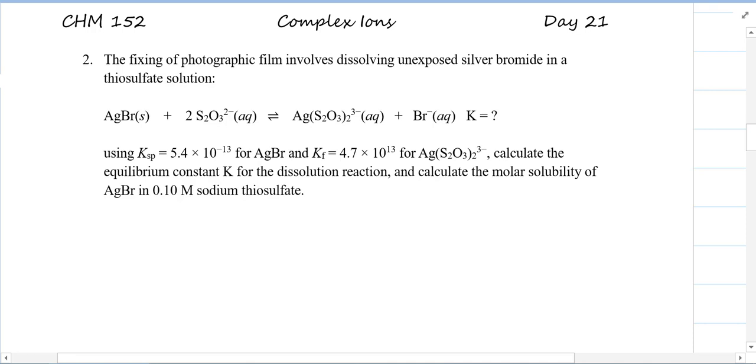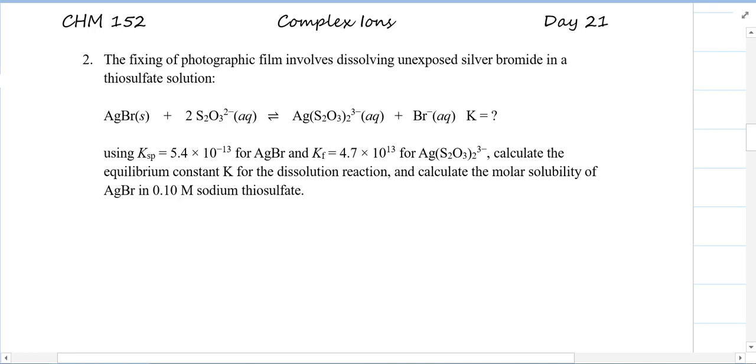And so what happens is silver bromide is very light sensitive, and you dip it into a sodium thiosulfate solution, and you dissolve the unexposed silver bromide, and the exposed silver bromide stays, and you get your films. In one of the original Ghostbusters movies, you can see the dark room where they do this, with a red light. It's interesting.